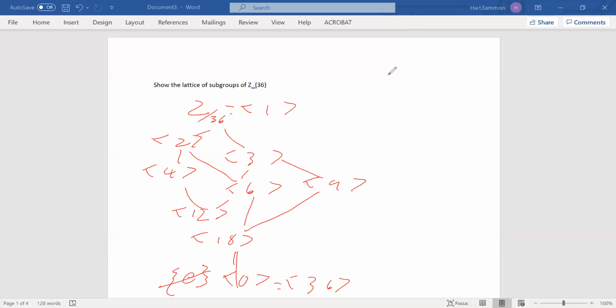So basically the generators, if I start from the bottom and go up, it's just whatever divides. So actually there should be this connection as well.